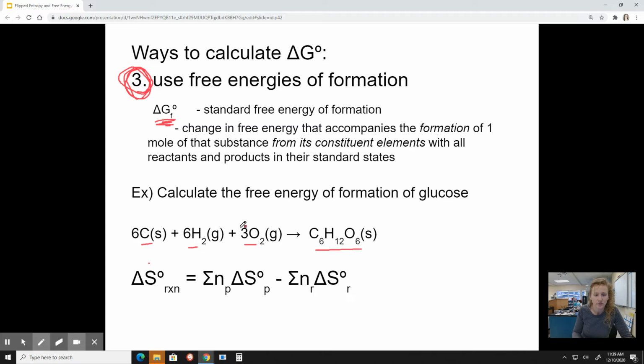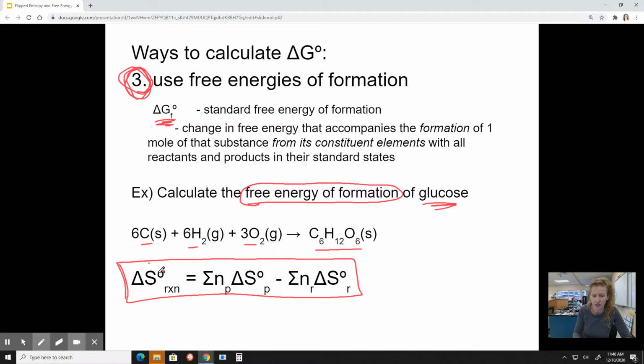So this one, they're asking you to calculate free energy of formation of glucose. They do have the entropy of formation reaction here. I'm not sure why I have that. If we're calculating free energy of formation, we should have this whole equation in terms of free energy, right?